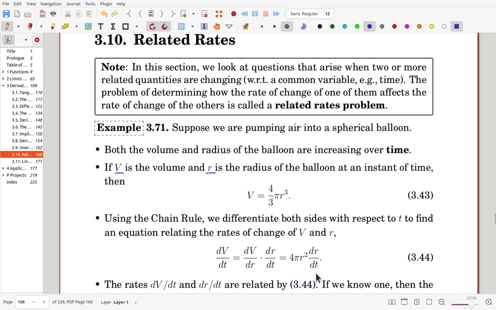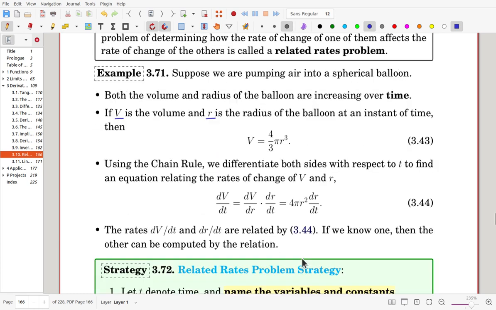So that equation is giving a relation between the rates dV over dt and dr over dt. So it is a related rates equation. Now if some others are given, then one can decide it. For example, if dV over dt and r are given, then we can decide dr over dt, right?